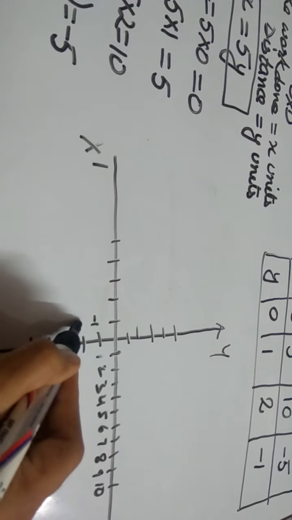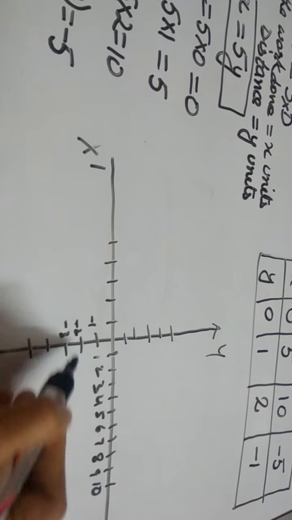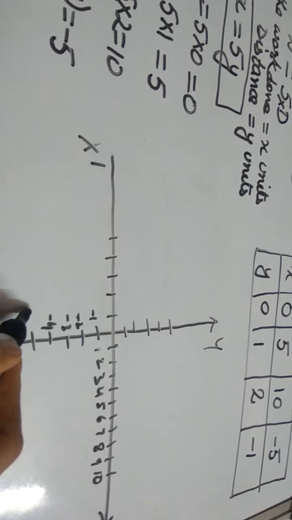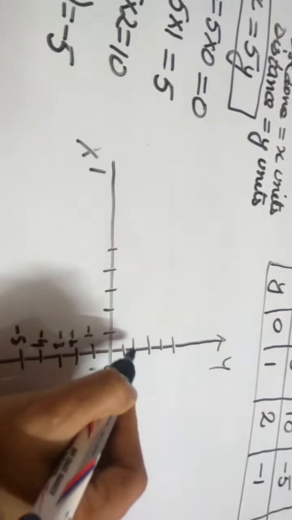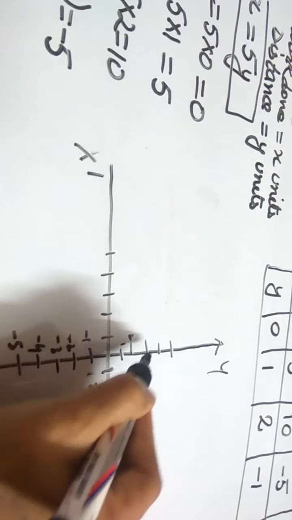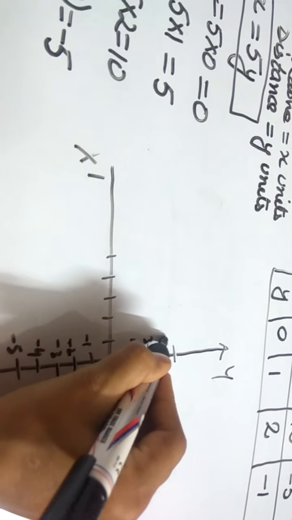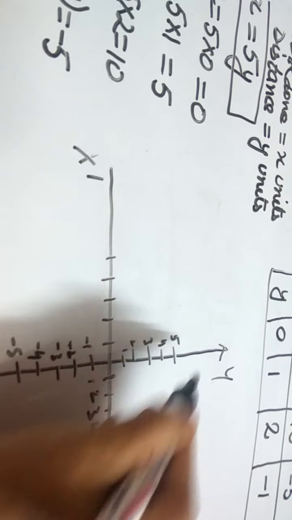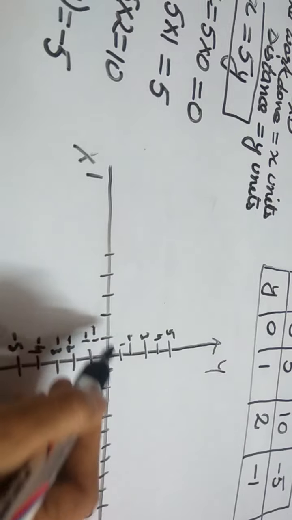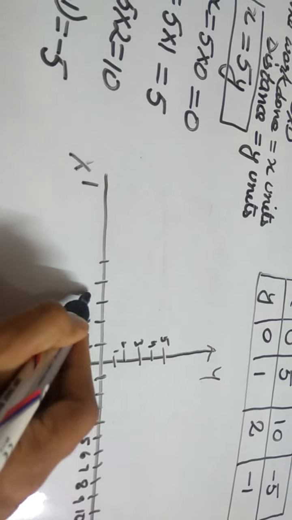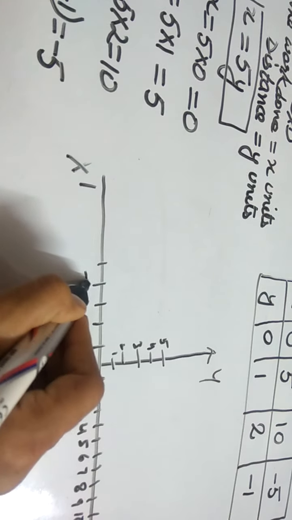Similarly, -1, -2, -3, -4, -5 on the negative side, and the same on the y-axis. Now let us start marking the points.